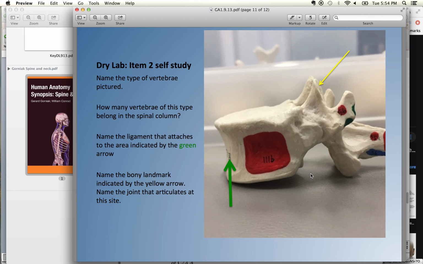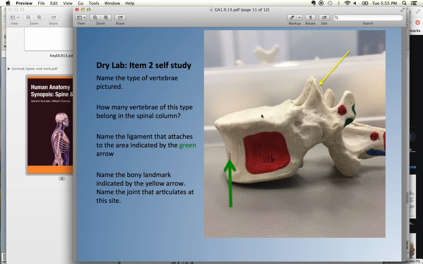How many vertebrae of this type belong in the spinal column? There are 5 lumbar vertebrae numbering L1 to L5. In between those vertebrae are your IV discs, which are going to attach to the surface here on the body of the vertebrae.